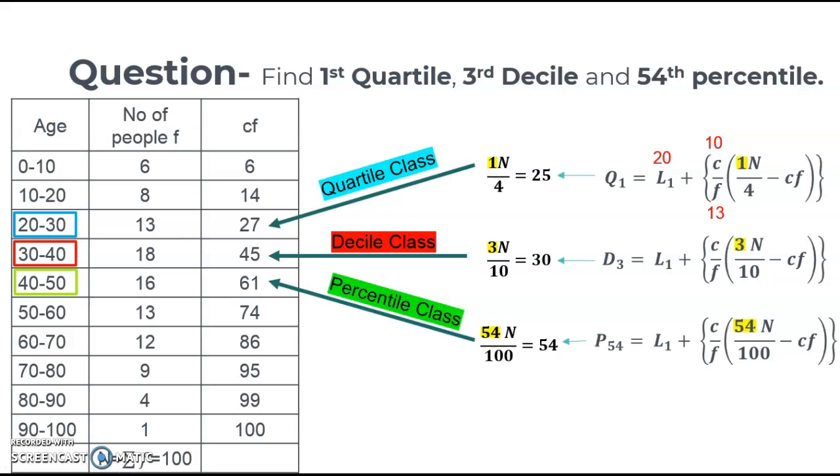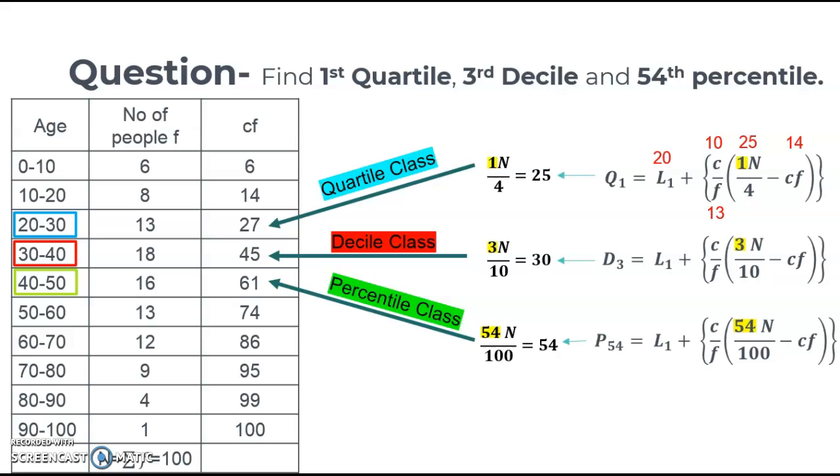The value of 1n by 4 we have already calculated, that is 25. And here again the important concept to be highlighted is CF. We are supposed to consider the cumulative frequency of the preceding class. So 20 to 30 is the class, and the preceding class cumulative frequency is 14.